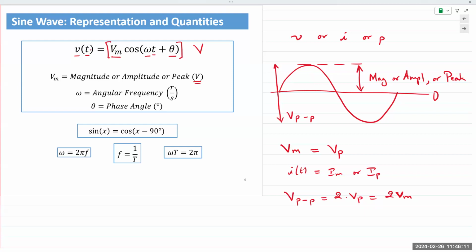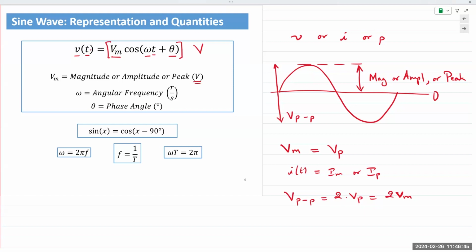Okay, there's a reason why the phase is in degrees and not in radians. You could, of course, convert omega, which again is 2 pi f, so you can convert the phase, describe it in radians, add it up. But there is a reason we keep it separate. We would do a transform of this function and do a mathematical representation as a vector, and so we need that phase angle in degrees.